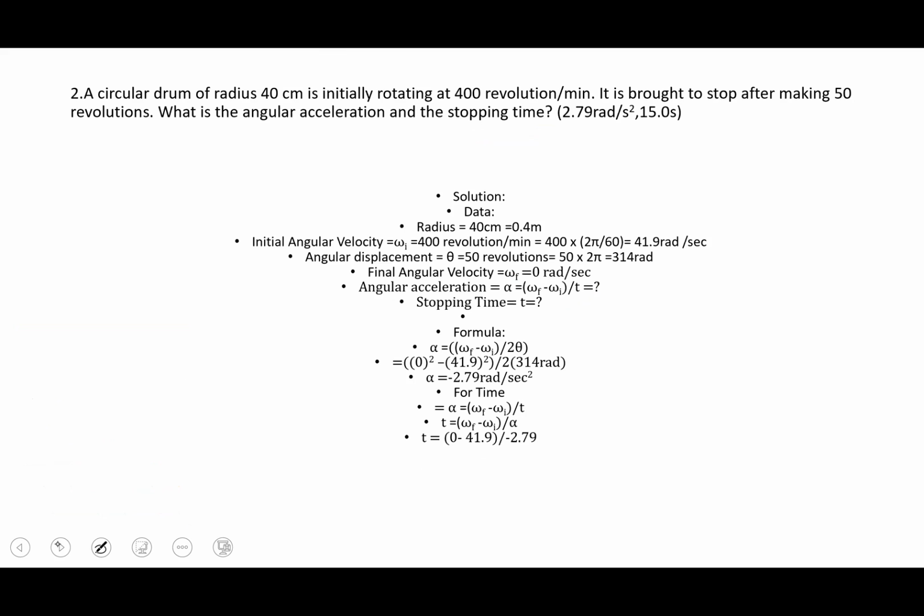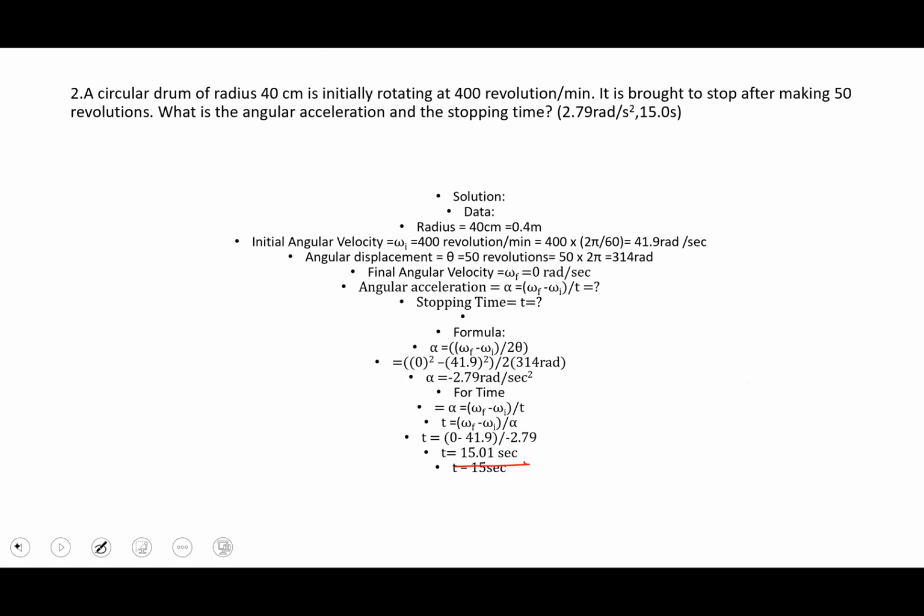It will be 0 minus 41.9 divided by minus 2.79. This minus minus cancels out, because both are negative, so the answer is 15.01 seconds, or to simplify it, we can say it is 15 seconds to be exact.